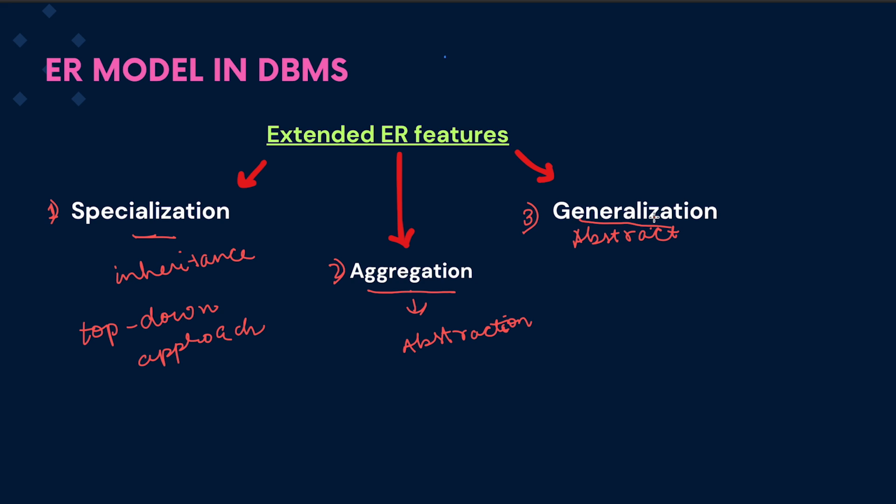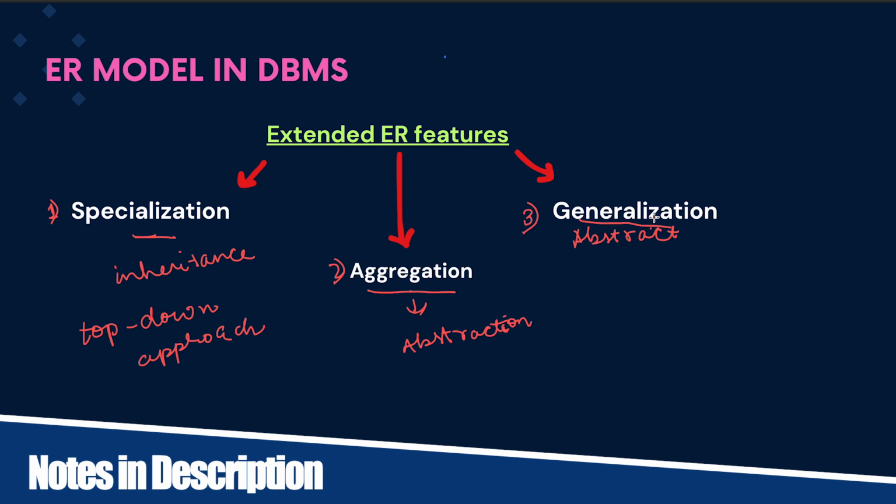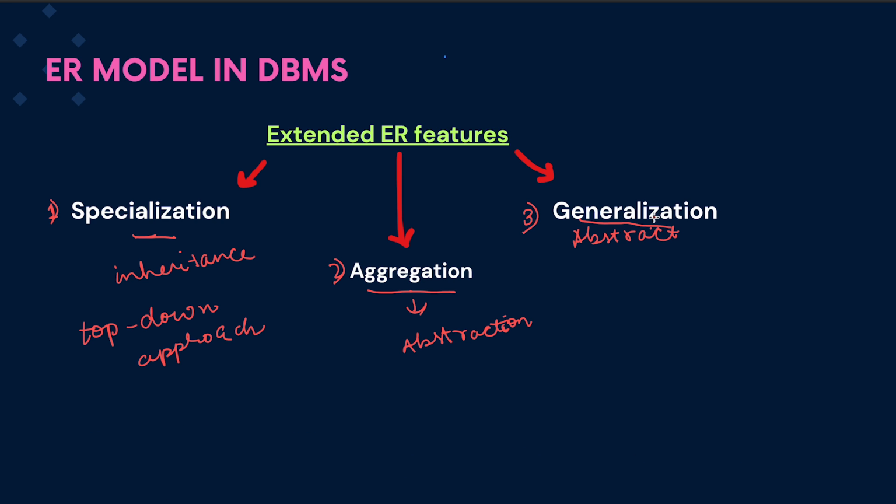So basically in specialization, we are identifying the subgroup entities. In generalization, using those subgroup entities, we arrive at the generalized entity. So this is all about specialization, aggregation and generalization. We would be looking in depth at all these in the next set of videos.